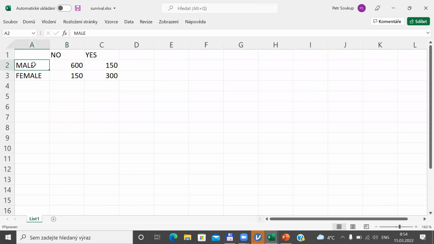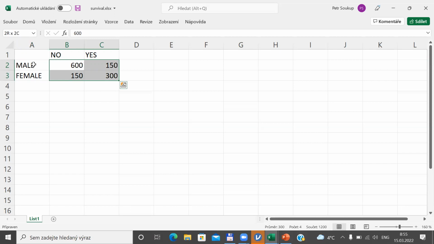Here we have rows for male and female, and columns for whether they survived or not. Survived means yes, and didn't survive is labeled as no. Here we have a sample size of approximately 1,200.